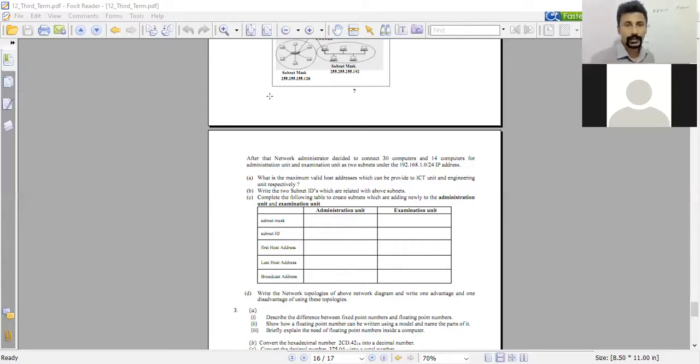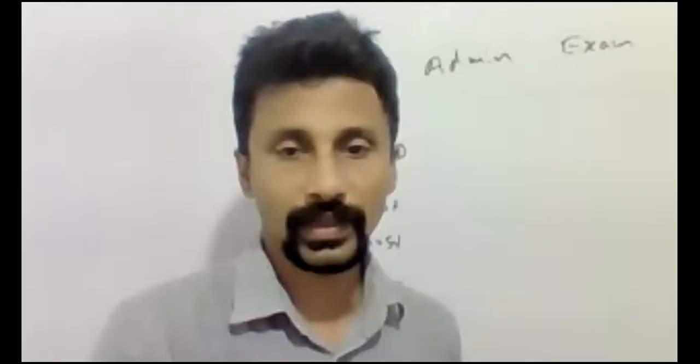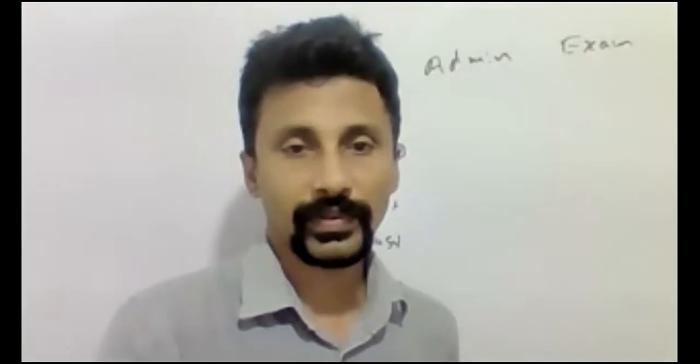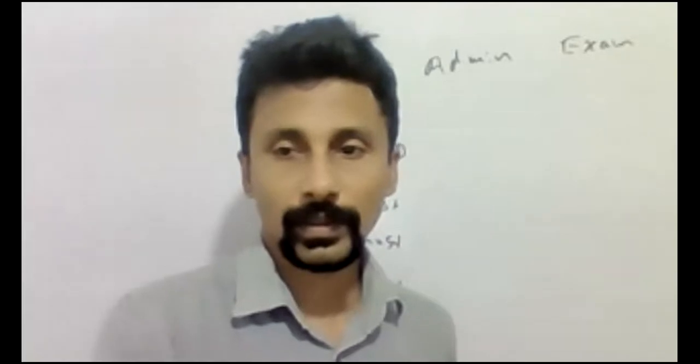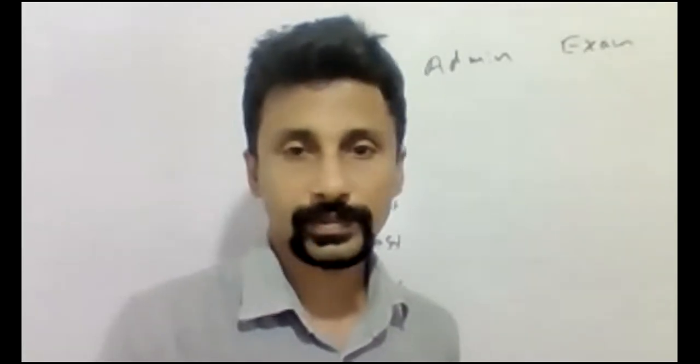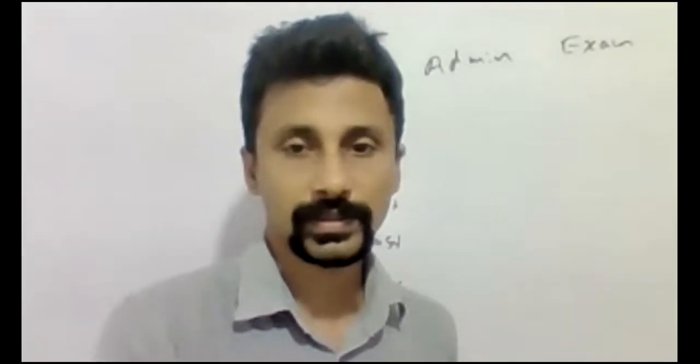They are telling us to connect 30 computers for the administration and 14 computers for the examination unit. So 30 and 14, the numbers of computers are different, right? Then what will happen to the subnet mask?